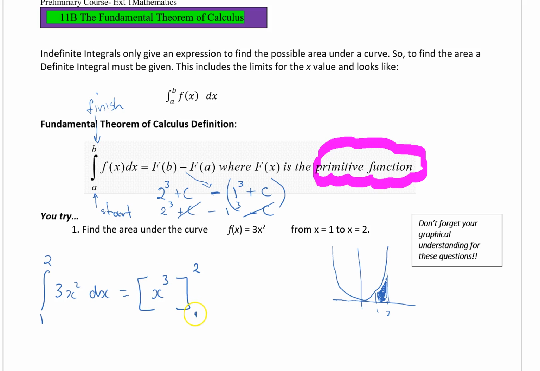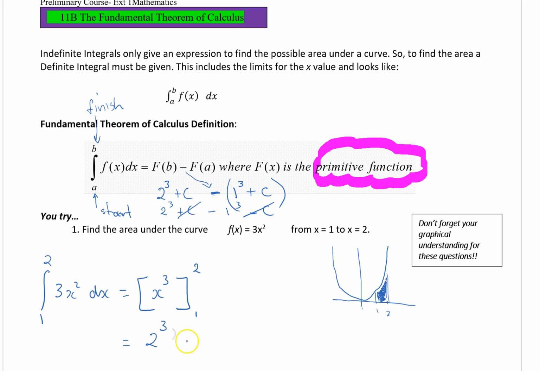However, I need to indicate that I still have more steps in the process, and that is where I'm going to substitute, or I want to find the value of this from 1 to 2. On my next line, I do that. I substitute x equal to 2.